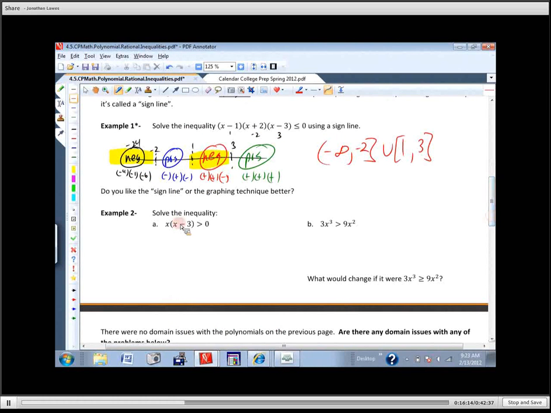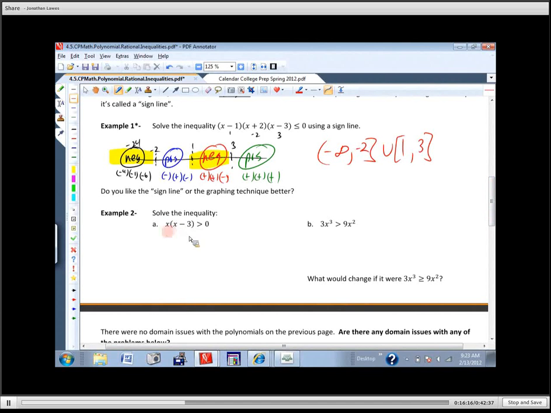This is a very easy problem. This just is x times x minus 3 greater than 0. What shape is that if we graph it? It's a parabola. Which way does it open? Yeah, looks like x squared, so it's going to open up. Where does it cross the x-axis? 0 and 3.